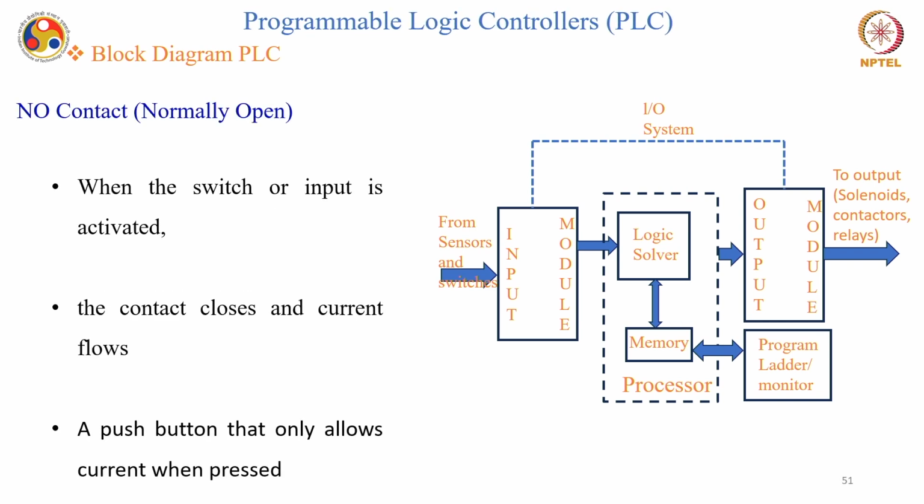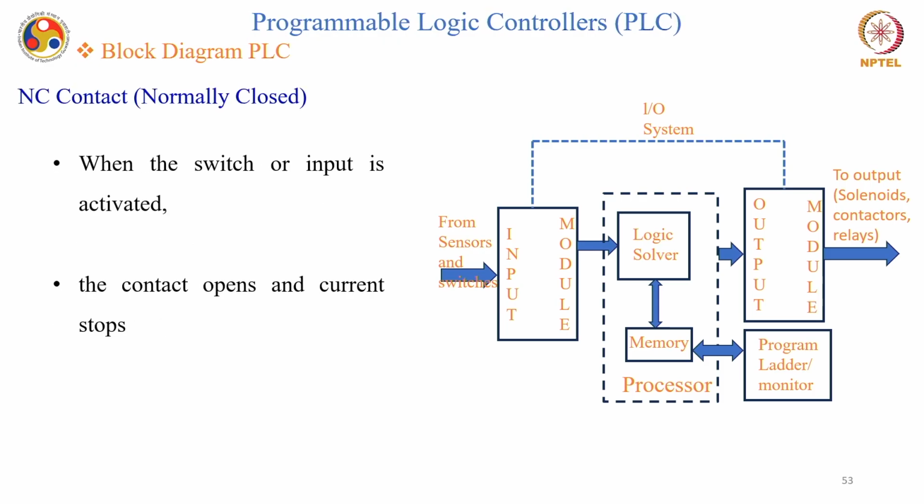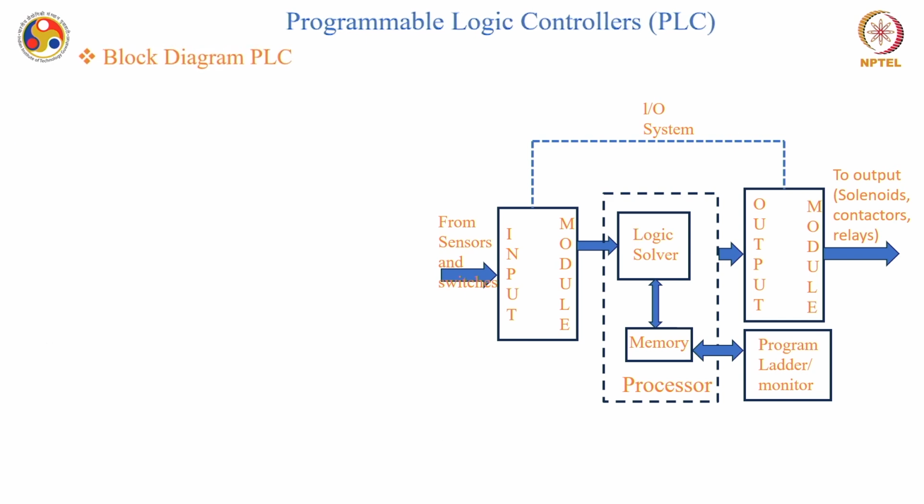When the switch or input is activated, the contact closes and current flows, like a push button that only allows current when pressed. Then we have NC, or normally closed contact. Normally closed means the contact is closed in the normal state, meaning current flows. When the switch or input is activated, the contact opens and current stops.